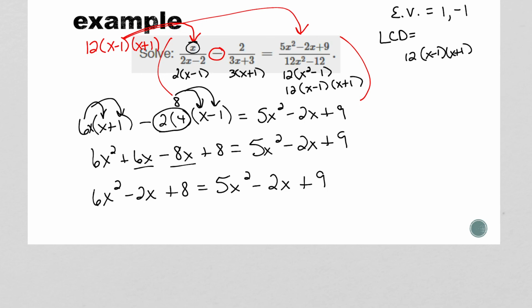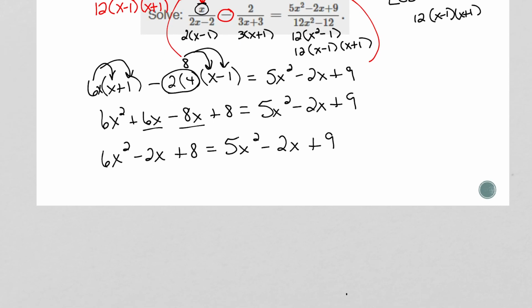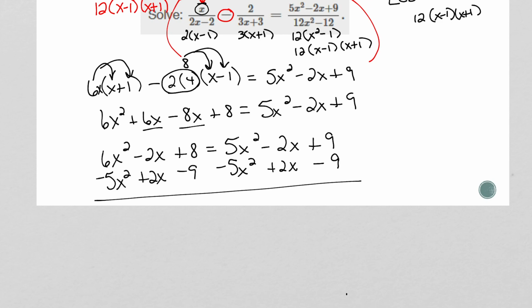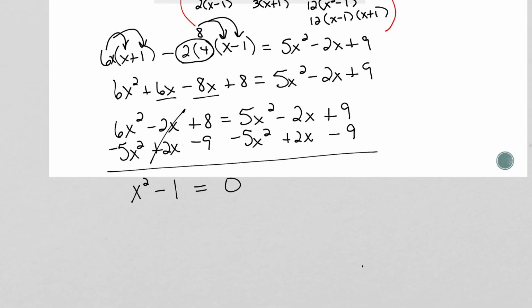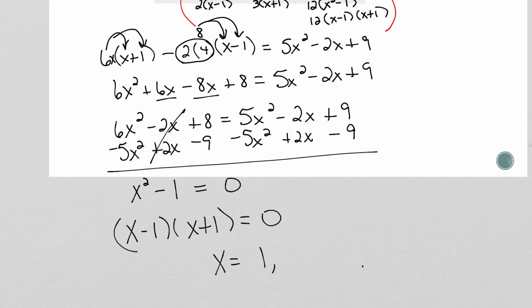And I'm going to pull everything over to one side. So I end up with x squared, these guys cancel, minus 1 is equal to 0. Well, that turned out to be a lot easier. So now let's factor that and set it equal to 0. So x is equal to 1 and -1.